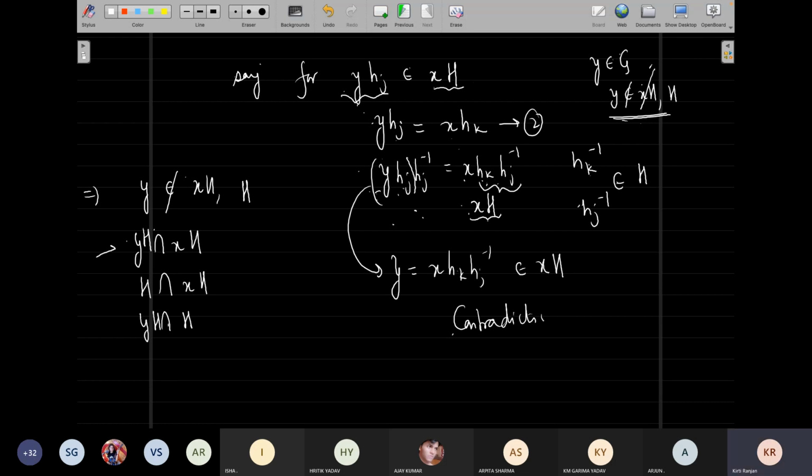So I have written these three things. YH intersection XH, what is that? Sir, phi. Phi, if of course Y does not belong. If Y is one of the elements of XH, then what is happening?